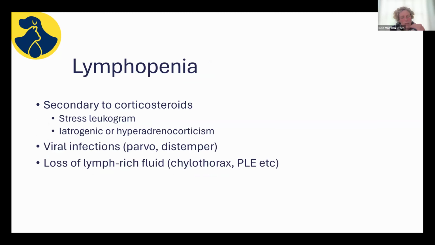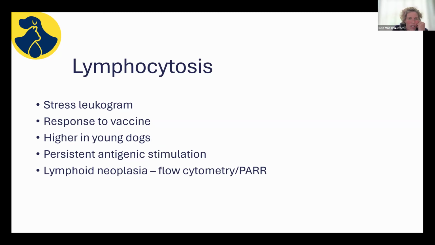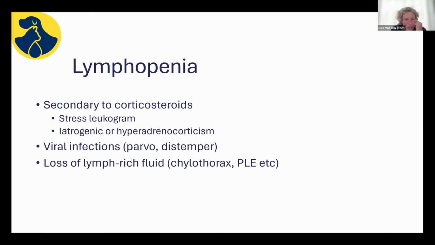If you have a low lymphocyte count, that can happen secondary to corticosteroids. So, and I've caused a very big confusion here. Stress leukogram, sorry, will cause a lymphopenia. And Cushing's, iatrogenic or hyperadrenocorticism, will cause a low lymphocyte count as well. So I think my slide before, yeah, an inflammatory leukogram will cause lymphocytosis, not a stress leukogram.